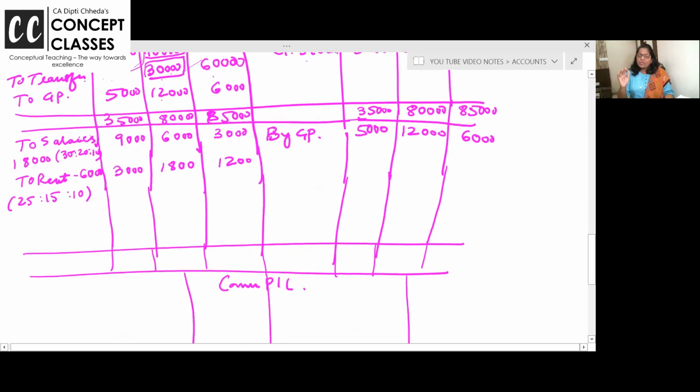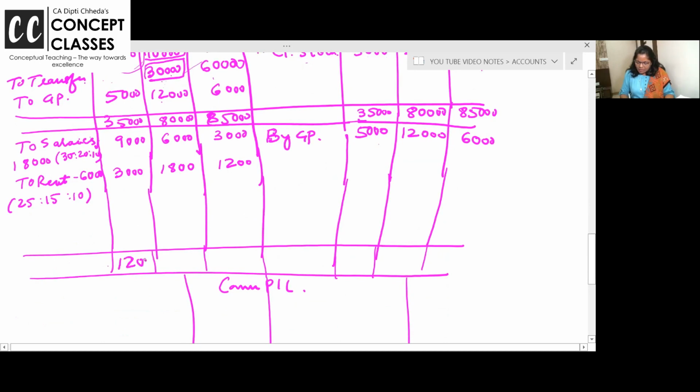From here, we can do it together and a little faster. Vertically, we'll do it. I department GP is 5,000, but expenses are 12,000. So there is a loss. I department has a net loss of 7,000.